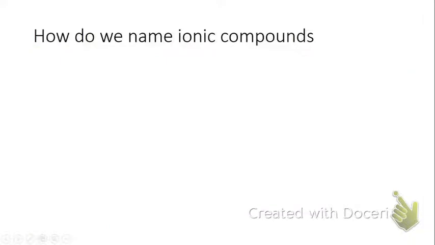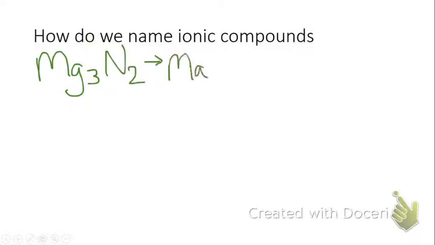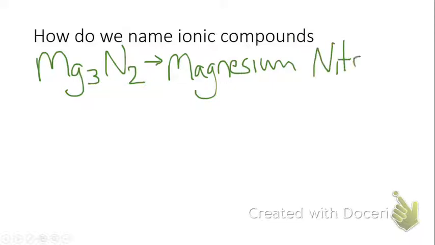Let's look at another example of naming a compound. Mg3N2. So we've seen Mg before. Magnesium. N is nitrogen, but we'll drop the ogen and add ide.